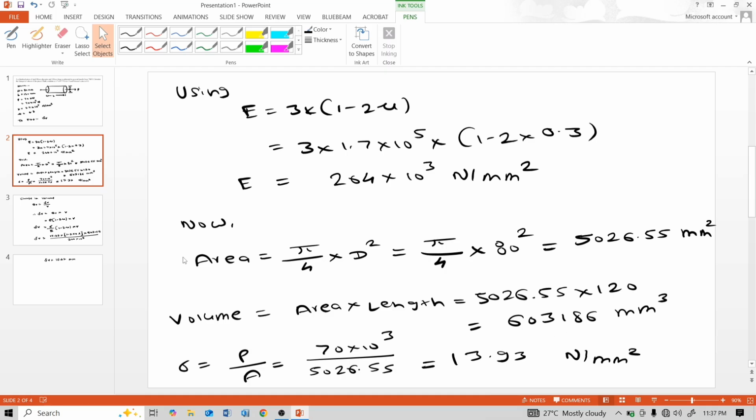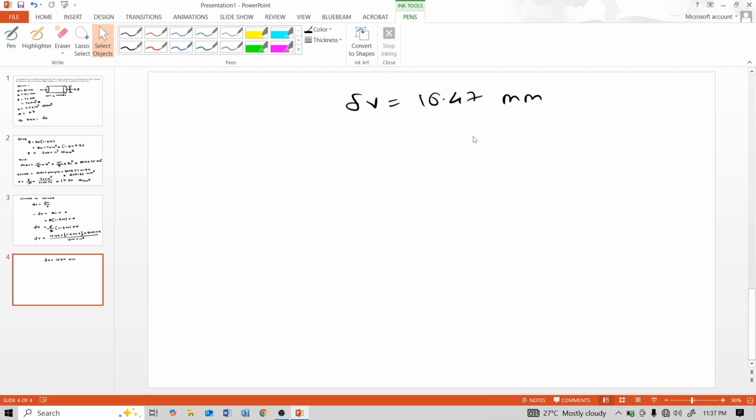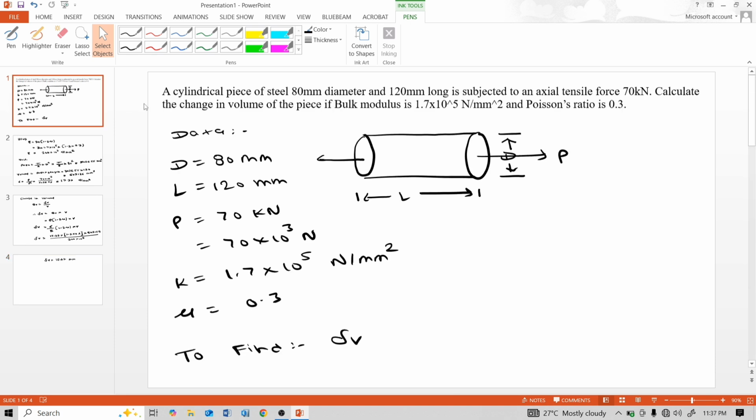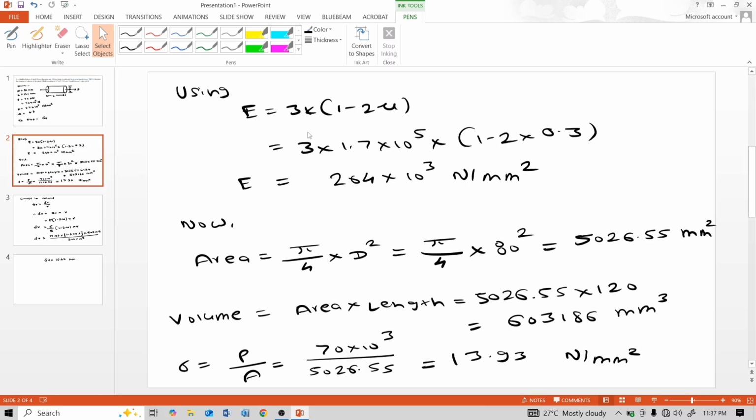See, for that circular bar subjected to uniaxial stresses, original volume is 603,186 mm cube and change in volume is 16.47 mm cube for a 70 into 10 raised to 3 Newton axial tensile load, and Young's modulus is 204 into 10 raised to 3 Newton per mm square. Stress is 13.93 Newton per mm square.